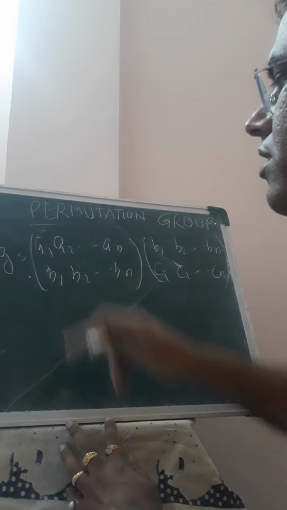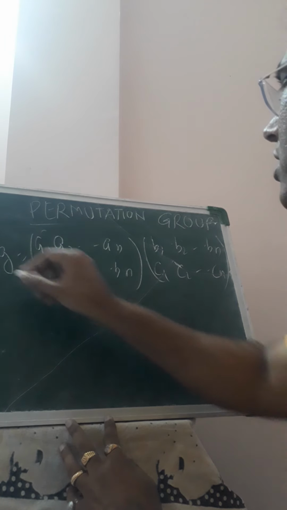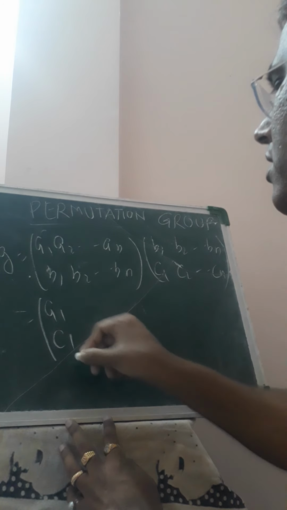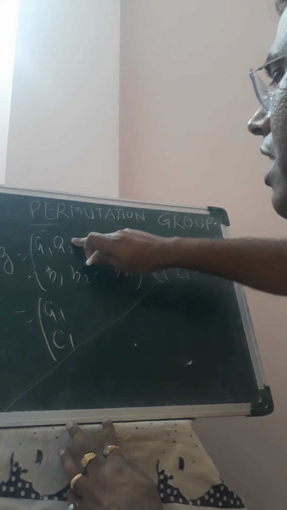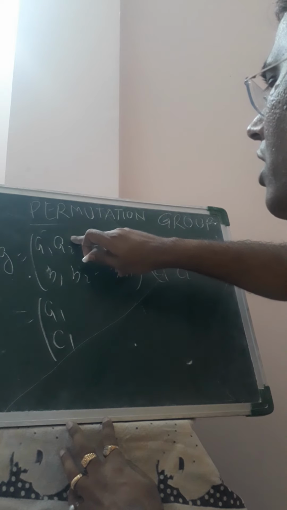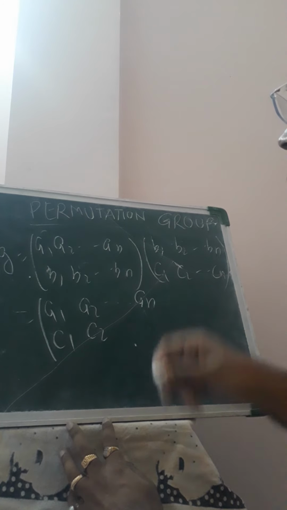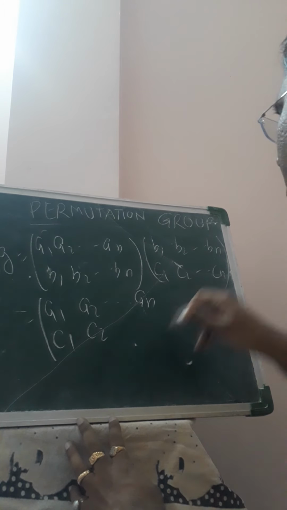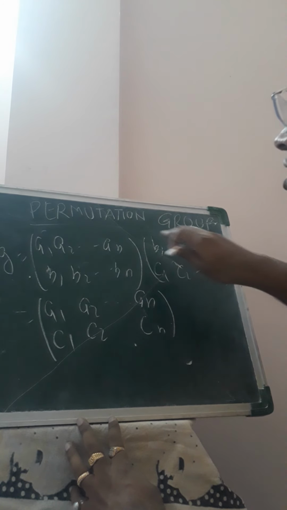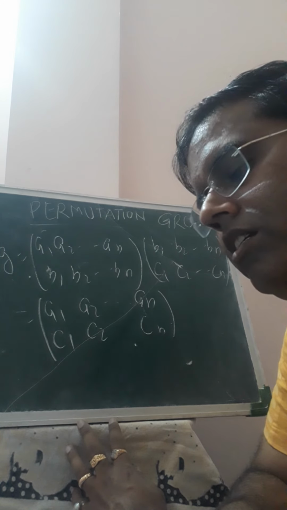Here image of a1 under f is b1 and image of b1 under g is c1. So image of a1 under fg is c1. Similarly, image of a2 under f is b2 and image of b2 under g is c2. So image of a2 under fg is c2. And similarly, image of an under fg is cn. So if f and g are permutations on n symbols, then f into g is a permutation on n symbols.